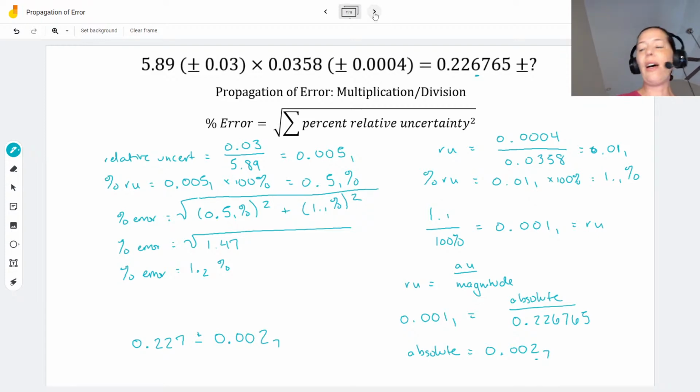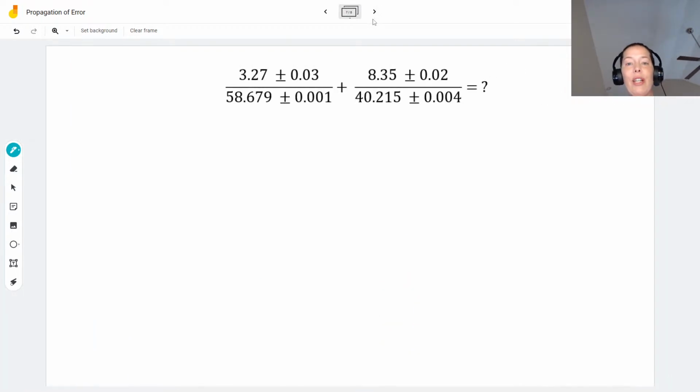No questions. The other thing I wanted to do, and this is going to take a little bit of time, is a mixed operation propagation of error. So what I've done here is we've got what I consider two terms, maybe term A, term B. We've got a division here, and then we're going to add the two terms together.